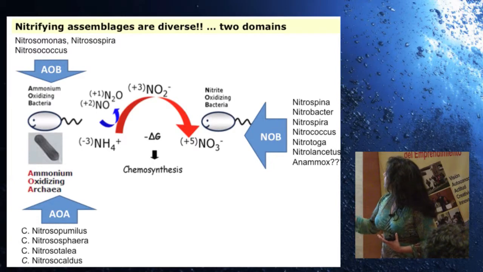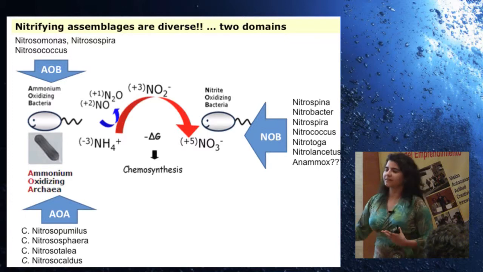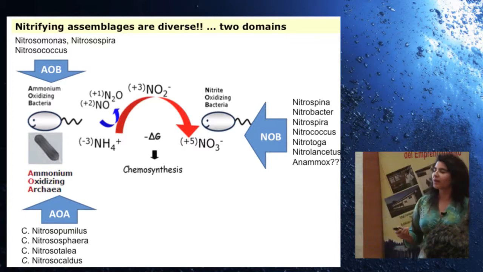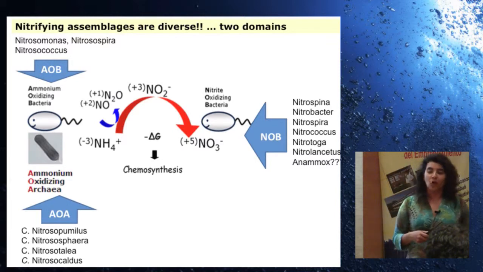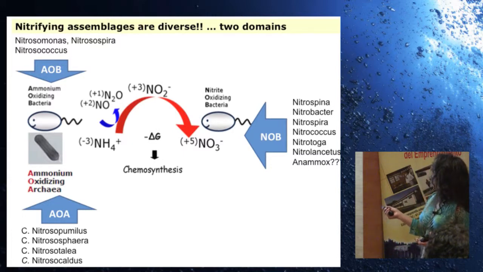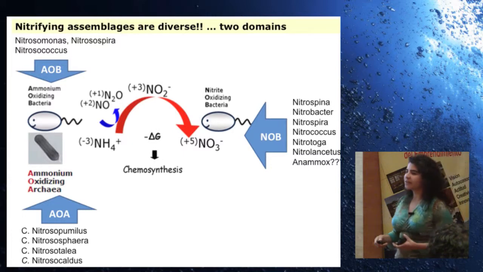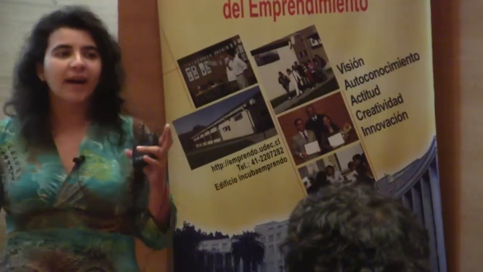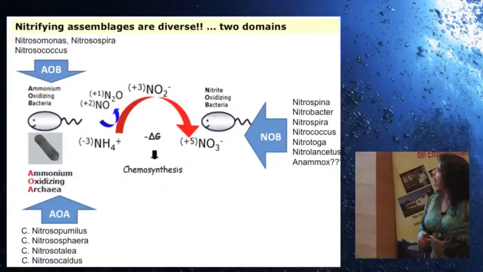Also, for nitrite oxidizing bacteria, the second guild that is responsible for nitrification as well, there are many NOB groups, including the recent potential role of anammox, for example in these oxygen minimum zones, also as a source of nitrate.